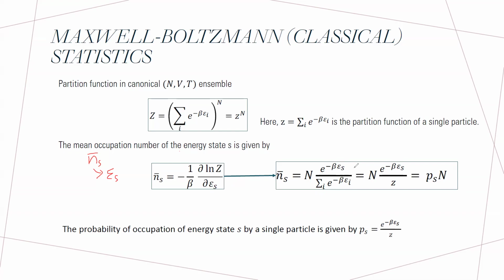So we know these terms because here we have exponential of minus beta epsilon s, but over here this is the partition function of a single particle. So based on this, we can write n_s bar is equal to P_s n. P_s is the probability of occupation of the energy state s by a single particle.